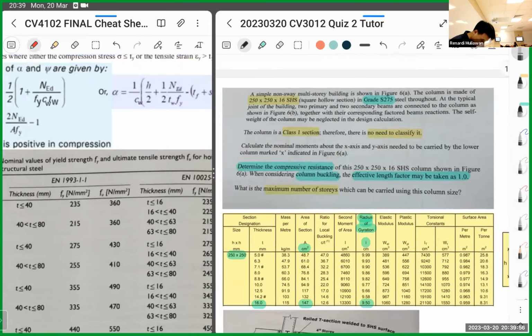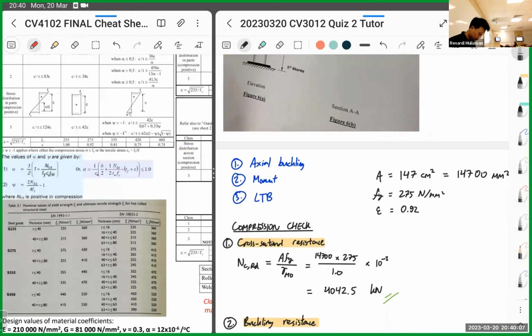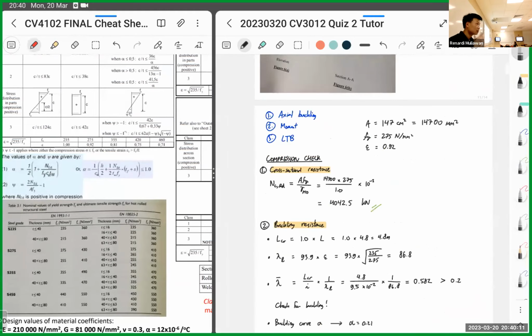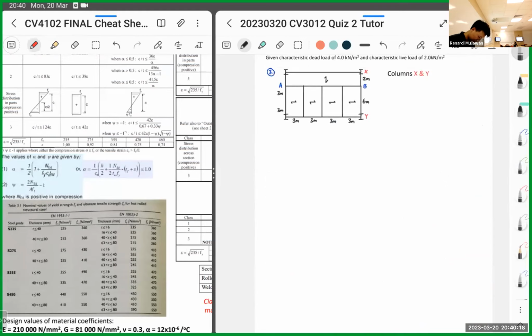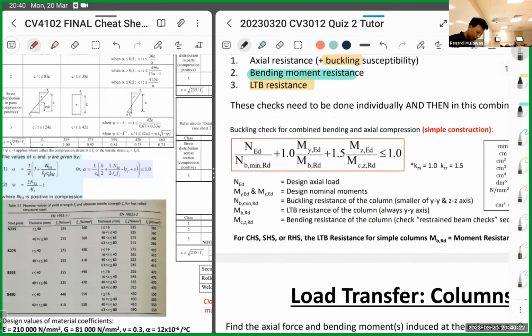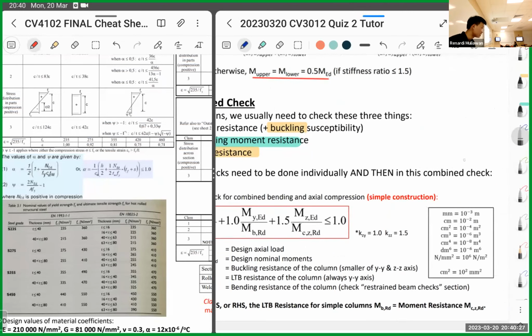What is the maximum number of stories? We are asking about the compressive resistance. If you remember, there are 4 things to check: axial, bending moment, LTB, and combined check.